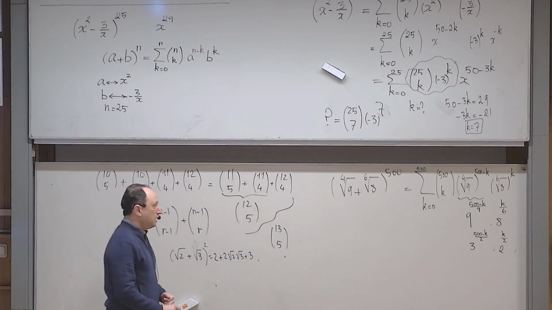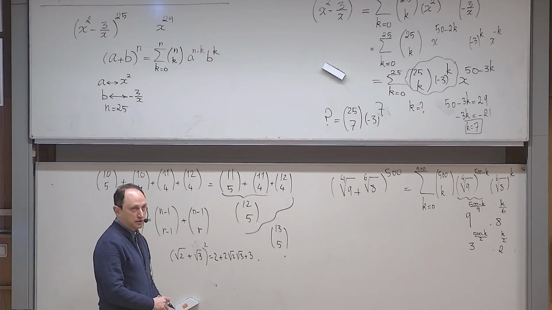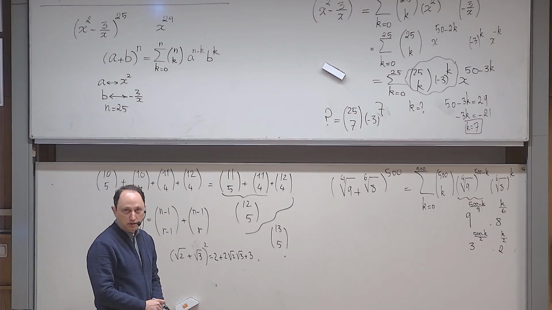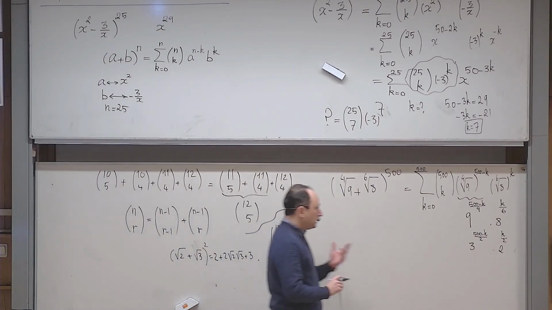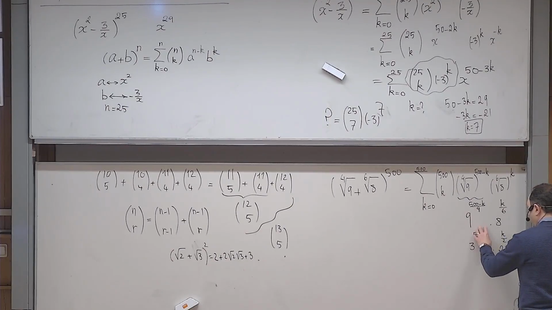Okay, so now the question is that you want to have integer terms. Integer terms means that this exponent should not be a fraction, because if it remains a fraction, then that will be a surd, a non-integer number. So this should also not be a fraction.